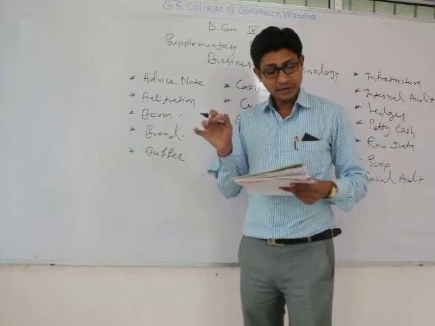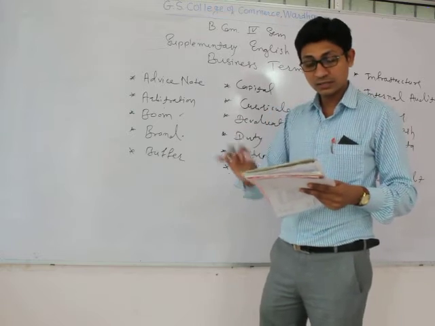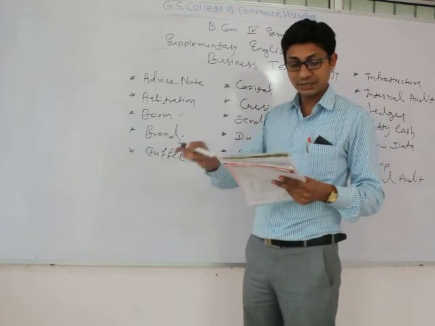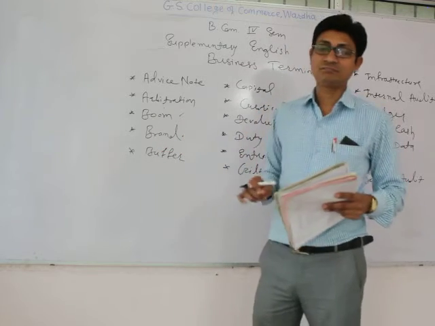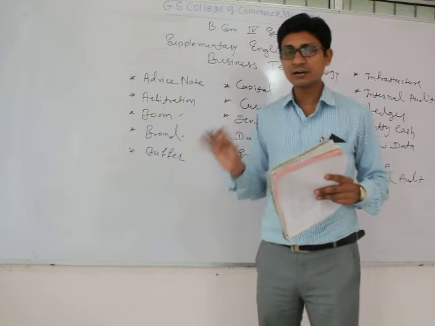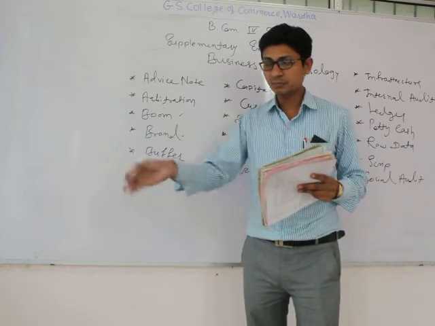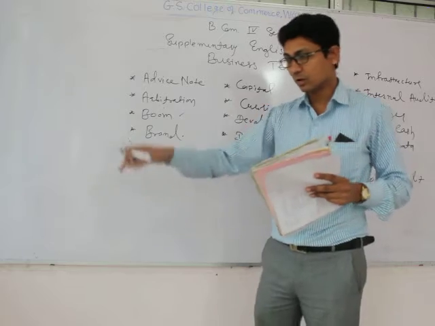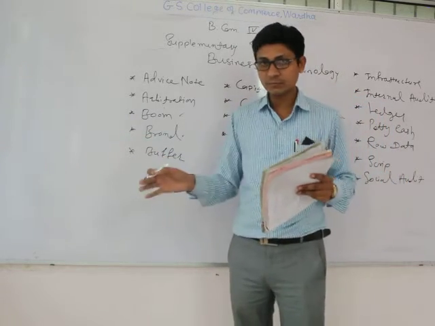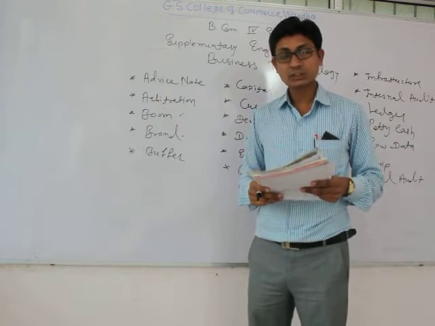So in marketing, a product or service sold under a particular name in order to differentiate it in the marketplace, its quality, its quantity, etc. is really tremendously good, and we can say it is much better than other products of its kind. So it differentiates itself from the other products. So that is called brand.